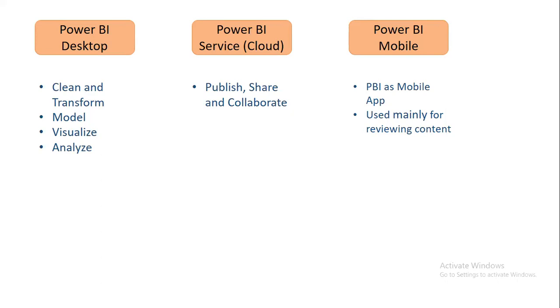If you have raw data, we can clean, prepare and transform the data in Power BI Desktop. The tool specifically used for this purpose is called the Power Query Editor. Then we can do the data modeling in Power BI Desktop, make visualizations and reports, and analyze the same with the help of creating certain calculated fields.